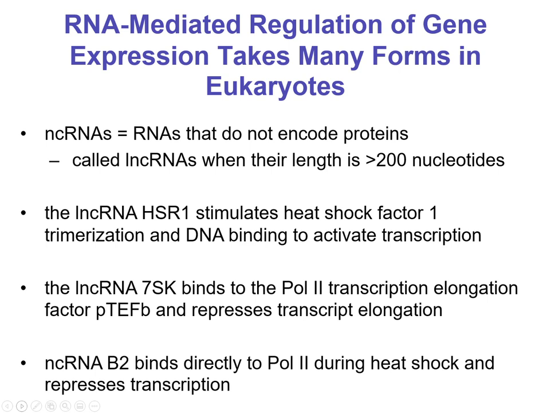We have one that will bind to the POL2 transcription elongation factor and repress elongation. There are so many examples of what these RNAs can do. It's kind of crazy. So you don't need to necessarily memorize each of these examples, but more think about the possibilities. So you can have stimulation of transcription, you can have repression of transcription, you can repress elongation.